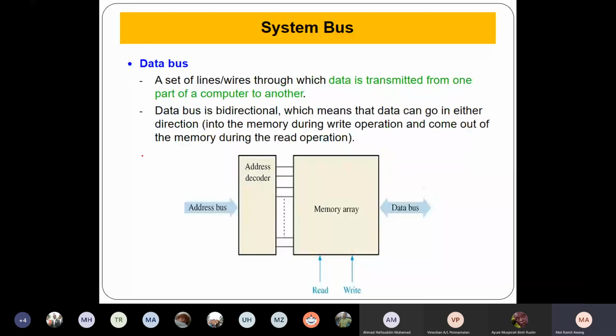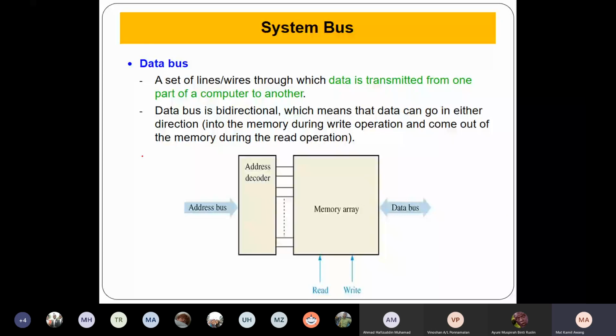Another bus is the data bus. Data bus is a set of lines or wires through which data is transmitted from one part of a computer to another. Its function is to take the data from the memory out to another part of the computer, or to take data in from another part of the computer into the memory.